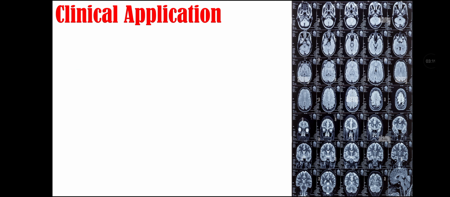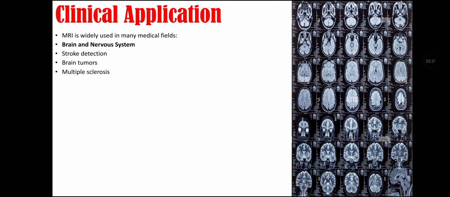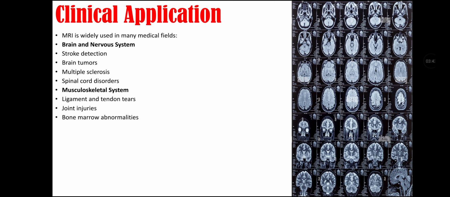Clinical application of MRI. MRI is widely used in many medical fields, including the brain and nervous system, for stroke detection, brain tumors, multiple sclerosis, and spinal cord disorders. It also has application in the musculoskeletal system to detect abnormalities in ligaments and tendon tears, joint injuries, and bone marrow abnormalities.